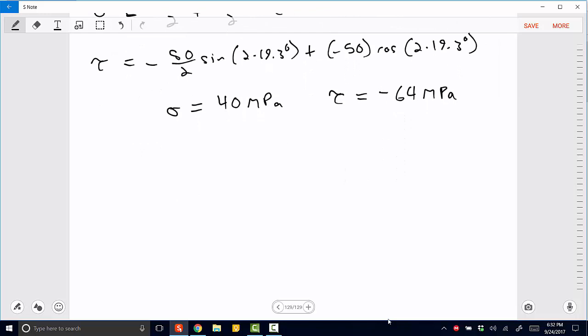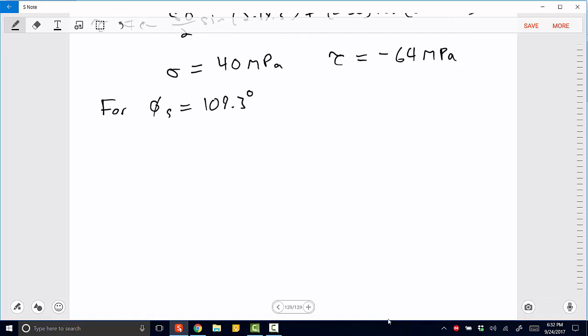All right, and we can repeat this for our other angle, phi s equaling 109.3 degrees, and we will find that sigma is equal to 40 megapascal, and tau is equal to 64 megapascal.